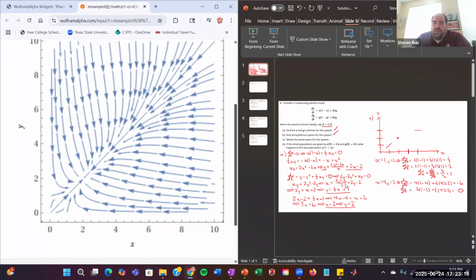Then x equals 2y minus 2. But if I solve that for y, I get 2y equals x plus 2, so y equals 1/2 x plus 1. Okay, I trust that null line.